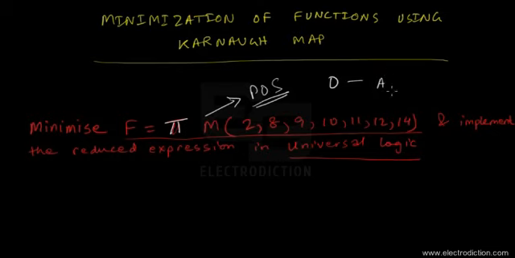If a variable is there as A in the POS form, we would represent it using 0, but if it's barred, it would be represented as 1. So 1 always indicates an inverted quantity, whereas 0 indicates a non-inverted quantity when it comes to POS functions. You should always keep that in mind.